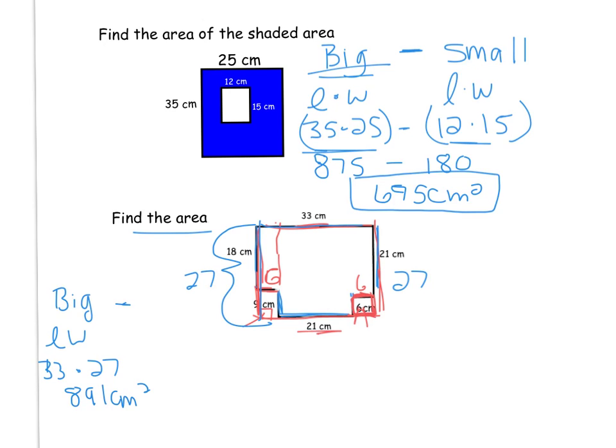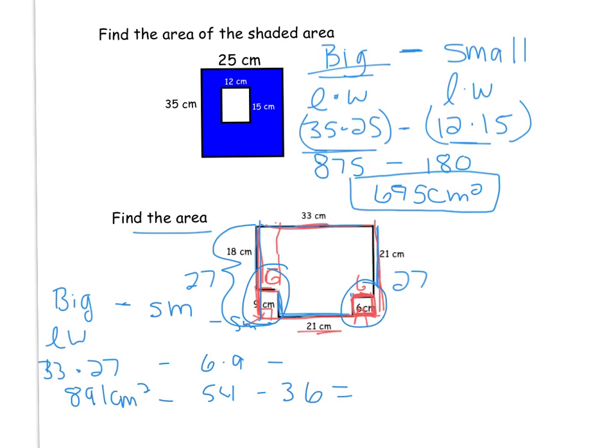And I'm going to subtract from it this first small and the second small. So I'm going to subtract from that my 6 times 9, right here, 6 times 9 is 54, and right here, 6 times 6 is 36.